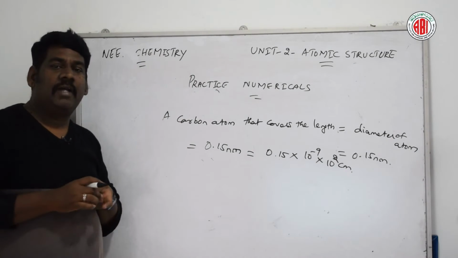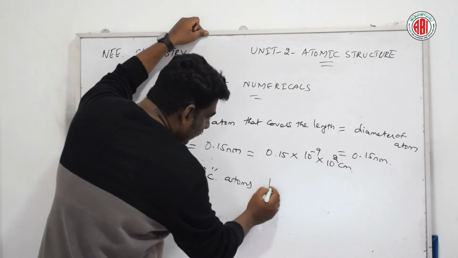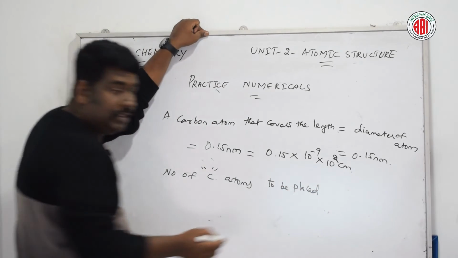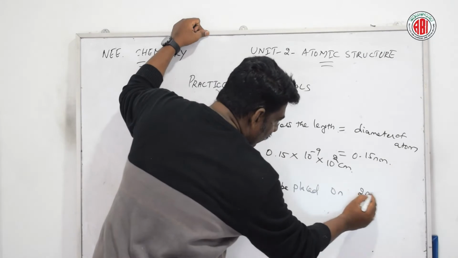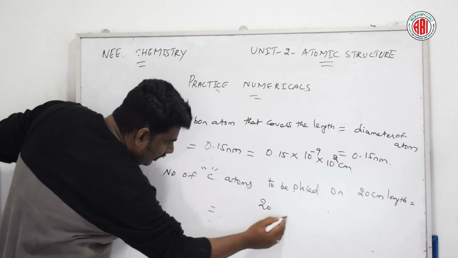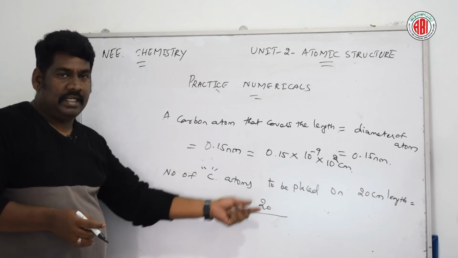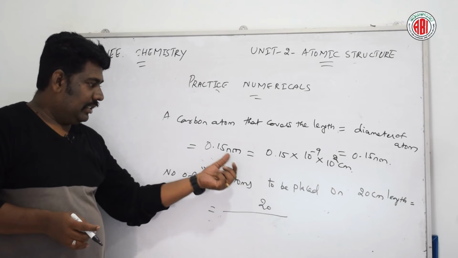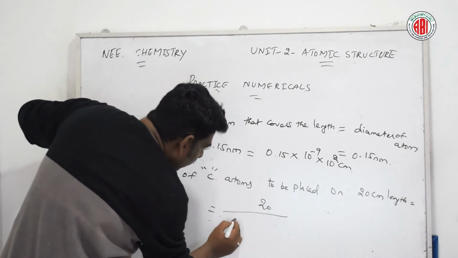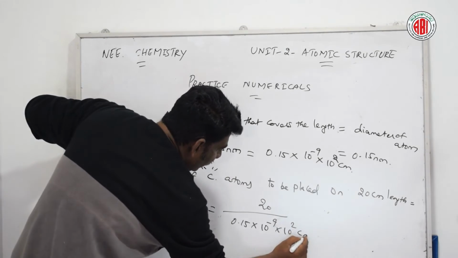Therefore, the number of carbon atoms which can be placed on 20 centimeter length is 20 divided by the length we have converted from nanometer into centimeter, that value 0.15 into 10 to the power of minus 9 into 10 to the power of 2 centimeter.